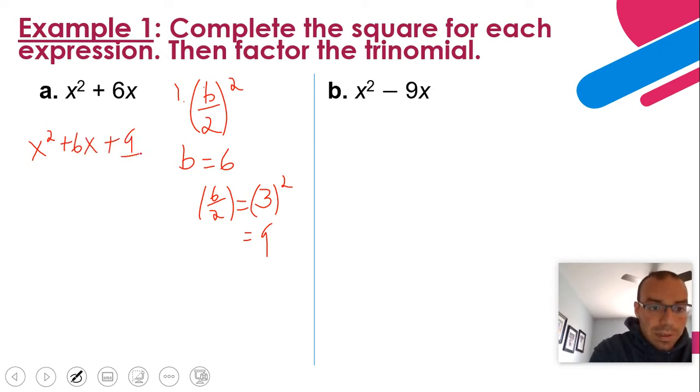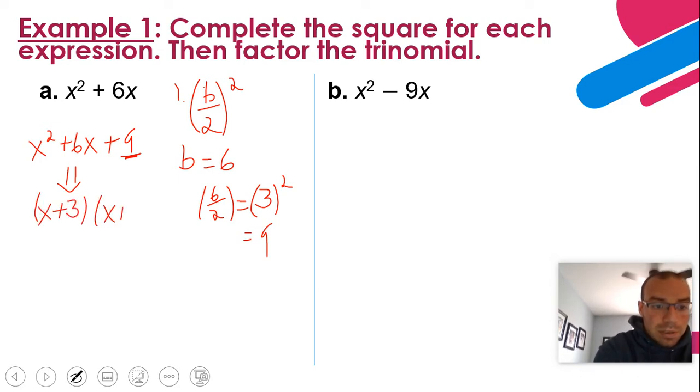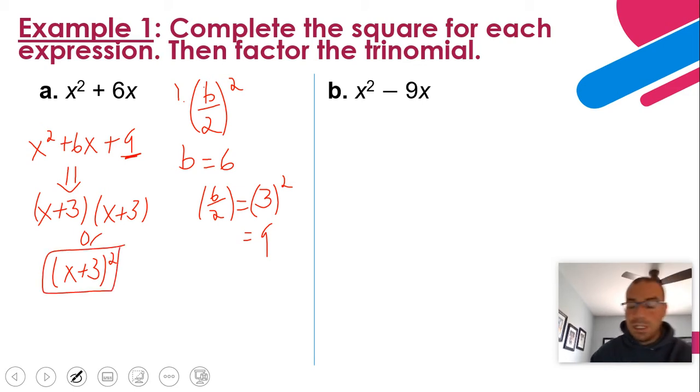And the reason that we're doing this is that we're going to be able to factor this. It factors to a perfect square trinomial of x plus 3 times x plus 3, or more importantly, x plus 3 quantity squared, which is what we're going to be able to use in our technique of solving by square roots to eventually solve an equation.